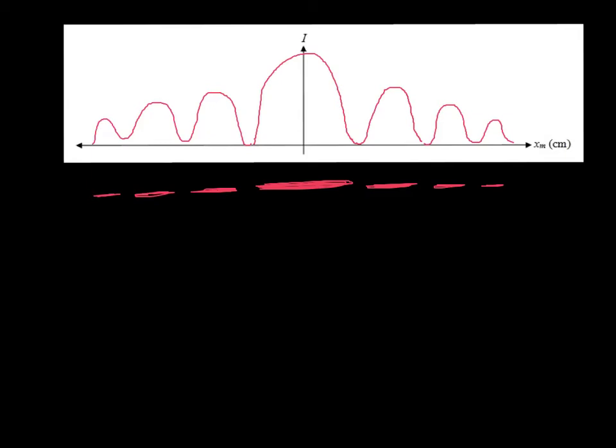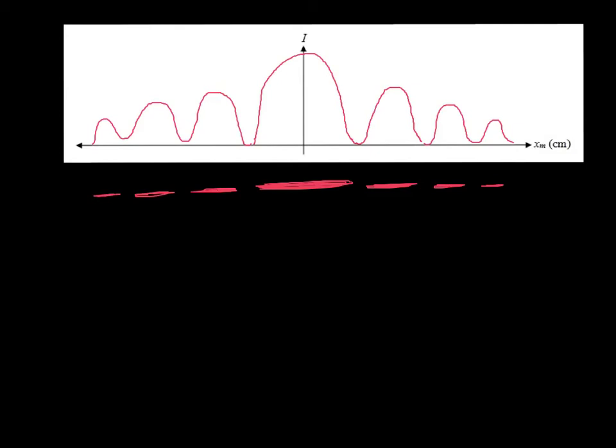that. And you can see that I've lined all of the places of 0 intensity up with one of the dark spots in this pattern that I drew directly beneath the graph. And I'm also going to label the graph with the distances. We know that for a single slit, the distance you calculate for xm is the distance to the dark spots.